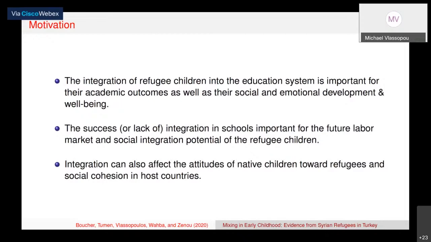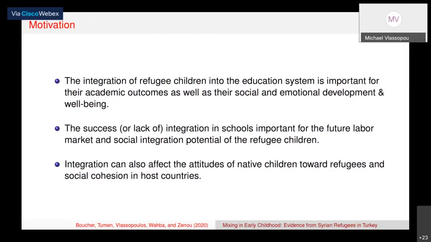The integration of this demographic into the education system is a crucial policy issue, not just for the academic prospects of the refugee children, but more broadly because of the importance of education for their social and emotional development.